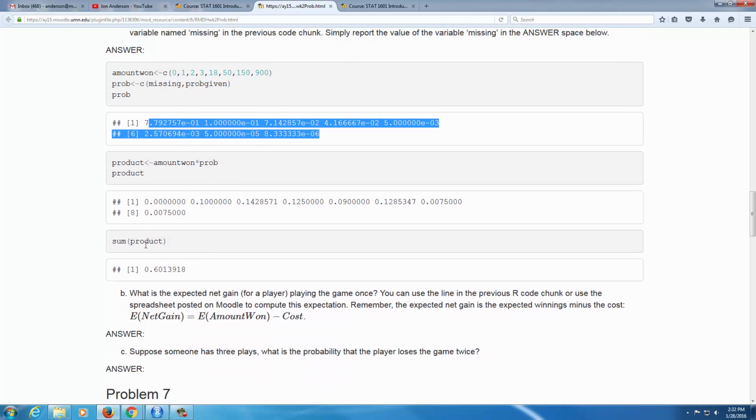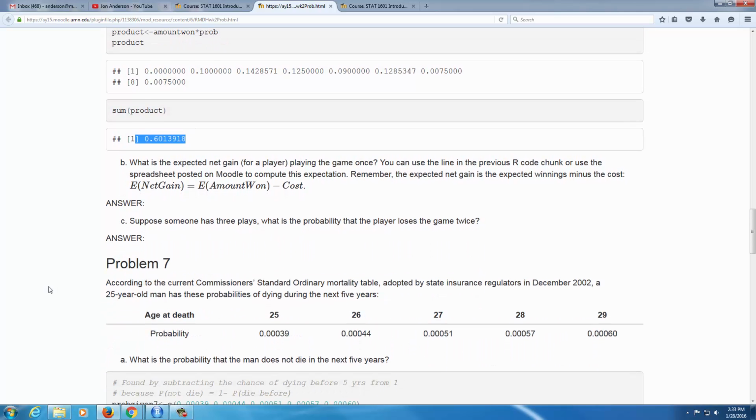We sum up the values in it, and this is the expected amount that we would win from playing the game once. That is this value right here, the expected amount 1. That is $0.60139. So the expected net gain is found by taking this expected winnings and subtracting off the $1 cost of the game. And you ought to be getting a negative number for that.